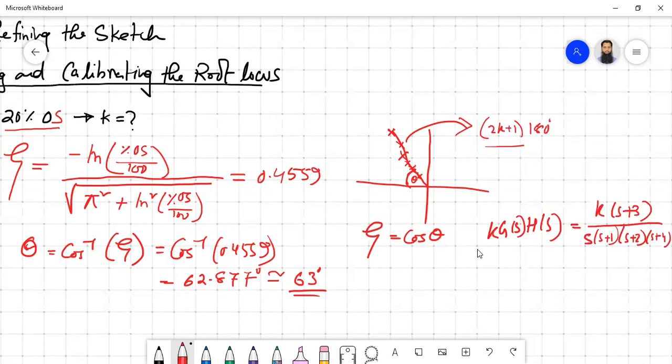If so, then that point may be on the root locus.